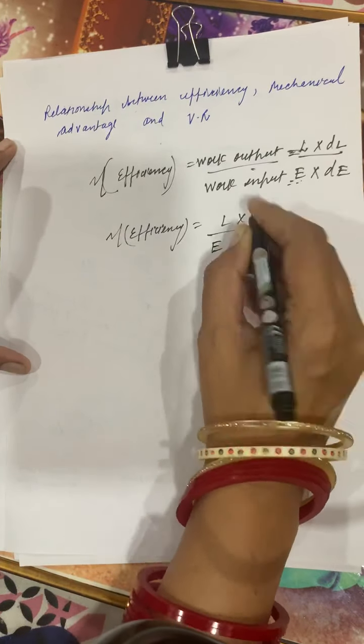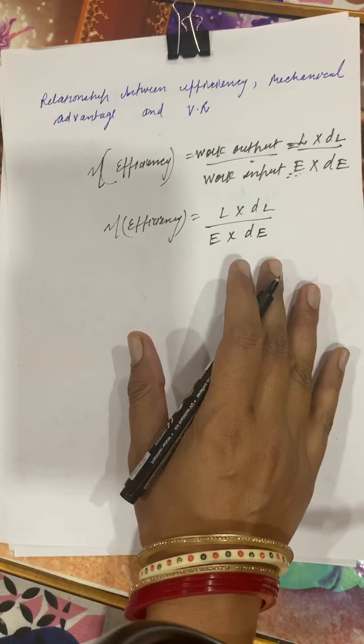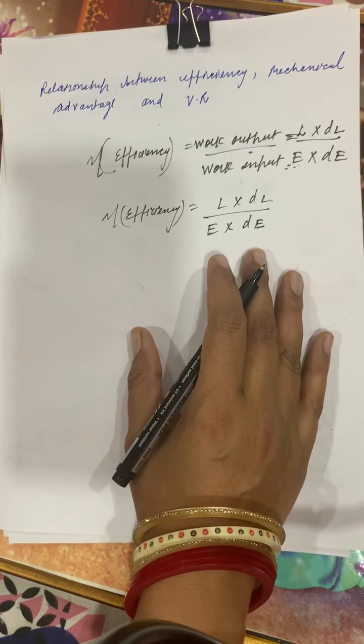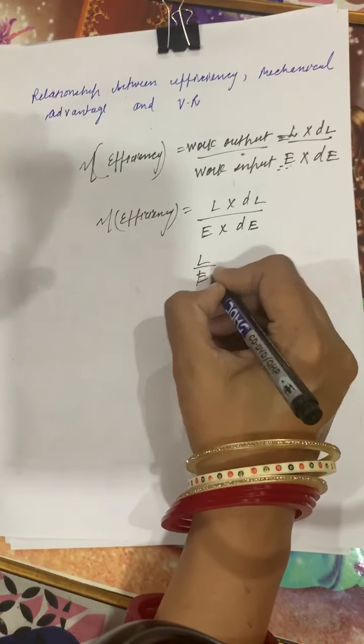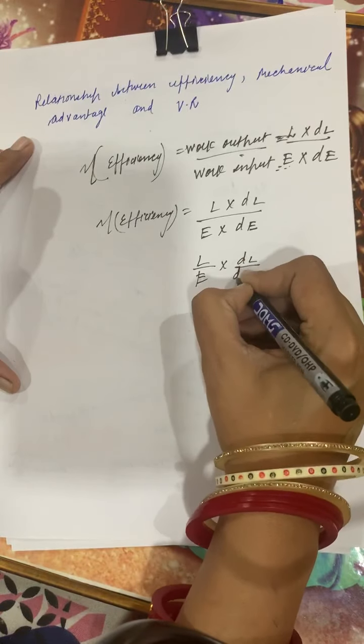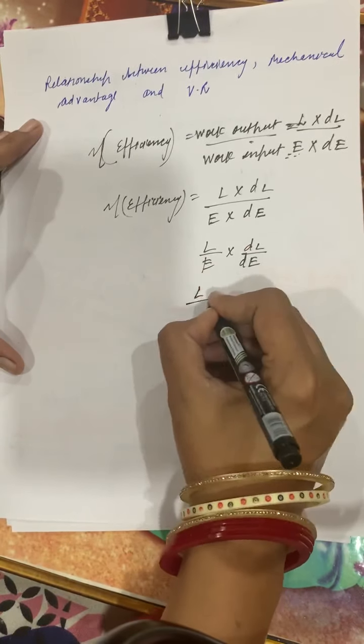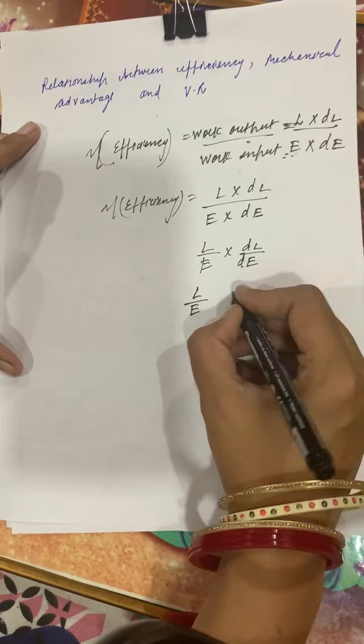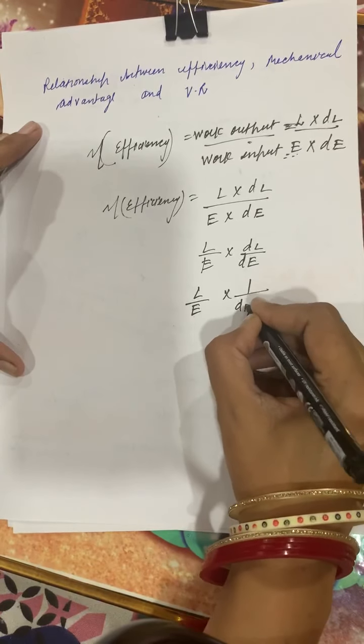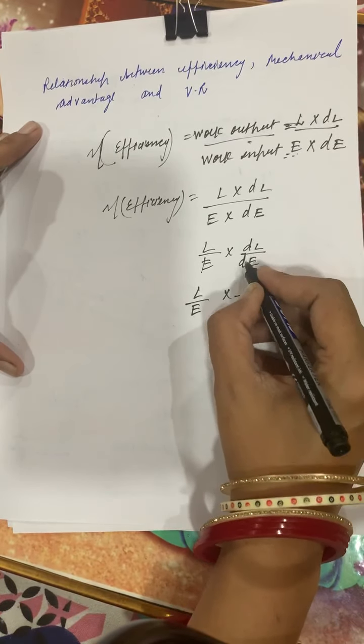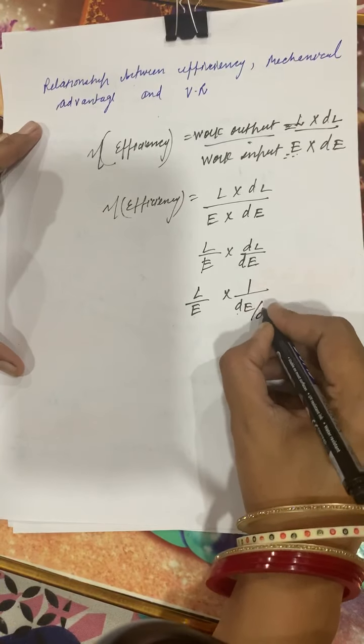Students, up to here this is very simple. Now the next step is rearranging. You know this can be written like this. L by E we know is mechanical advantage, but I can write the displacement of load in the denominator of the displacement of effort.